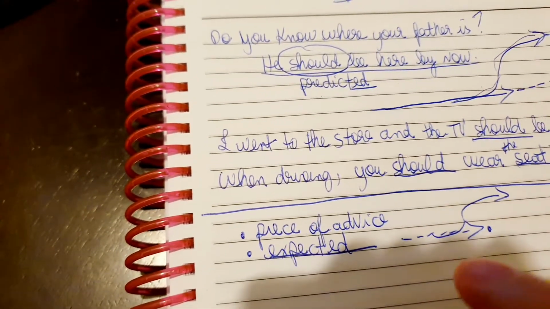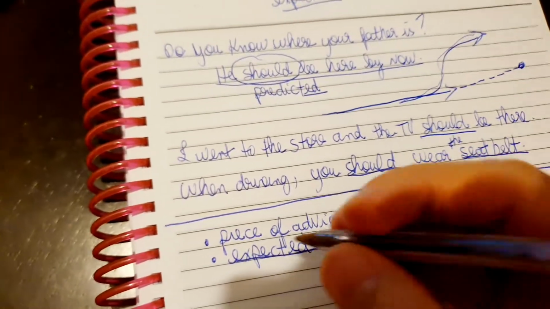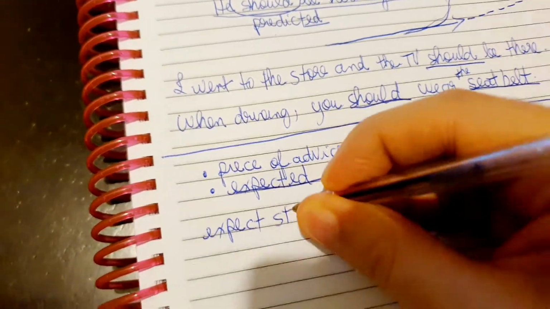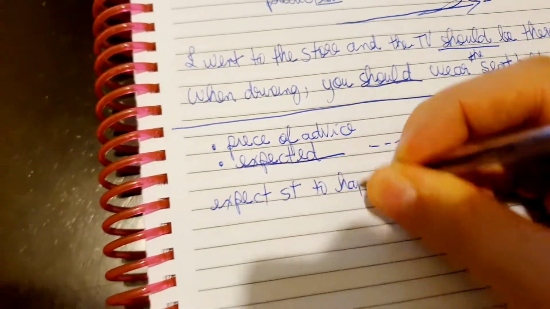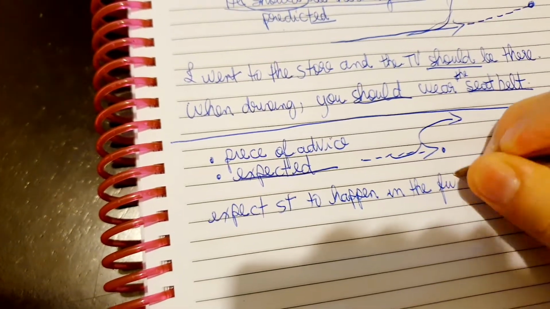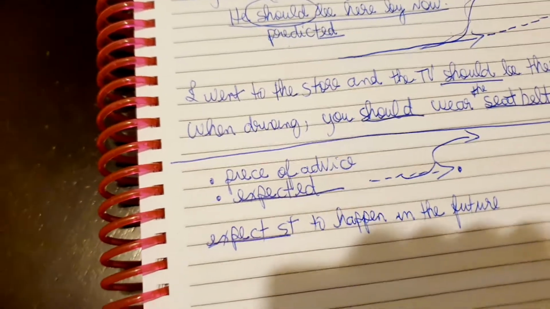We can use the verb should to express expectations in the future. We expect something to happen in the future. Of course, because you can't expect something to happen in the past.